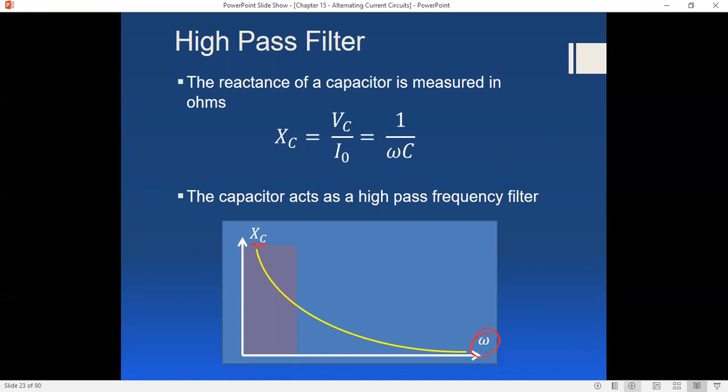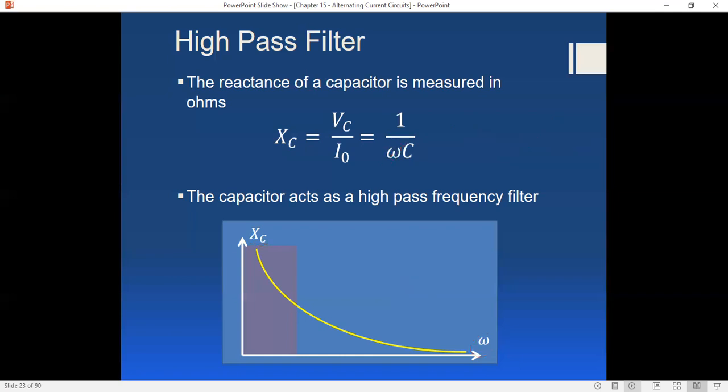In fact, if I set omega to 0, with a frequency 0, it's basically DC, I get a reactance of infinity, which means that I is equal to the voltage divided by infinity, and that's equal to 0. That's saying that for a capacitor, you can't get current through a capacitor if the frequency is 0, because it's an open circuit.